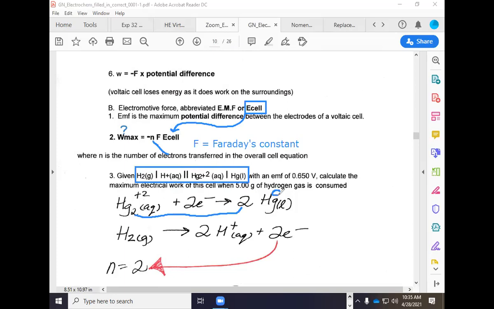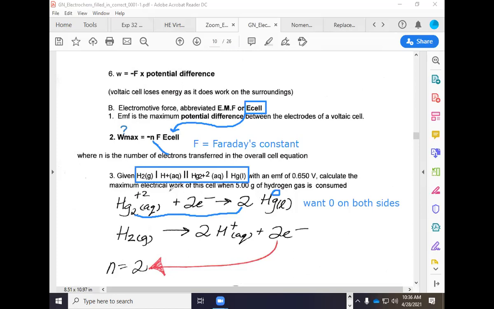I know my mercury is a 0 because it's uncombined with another element. And so I want 0 on both sides. So I figure if this is a +2 and I add 2 electrons, then this will give me a 0 on this side. And so I'm good. So I'm balancing my half reaction.